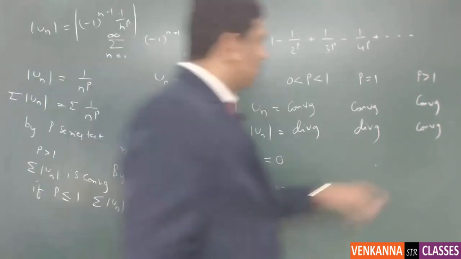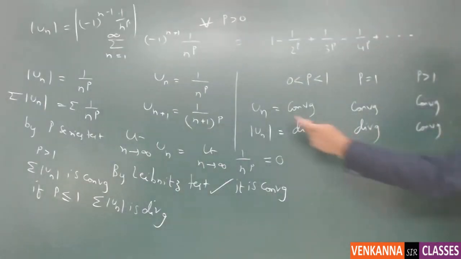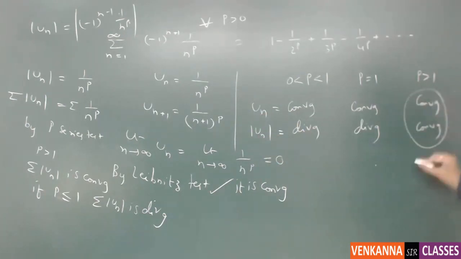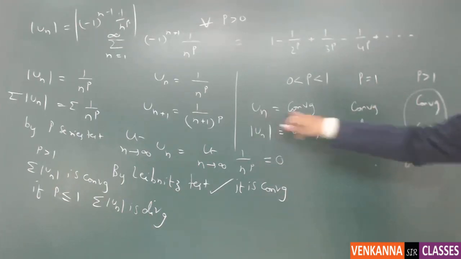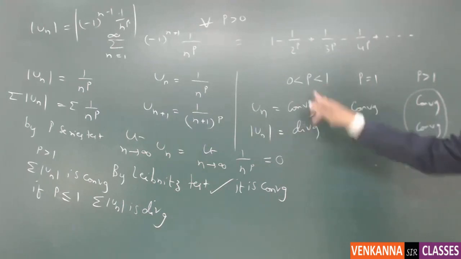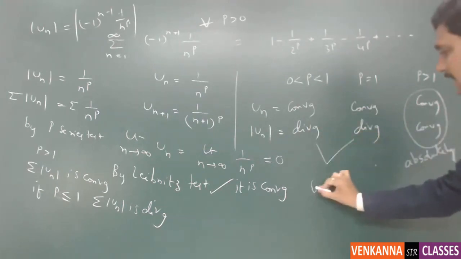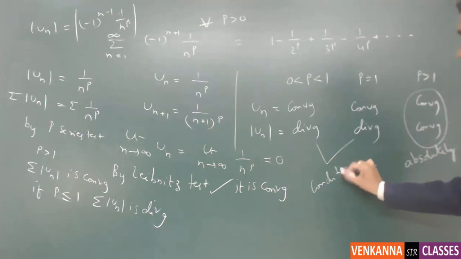So when p is greater than 1, un and mod un both are convergent. So when p is greater than 1, it is absolutely convergent. For these cases, modulus is divergent, regular series is convergent. So for these two cases, we say that it is conditionally convergent.